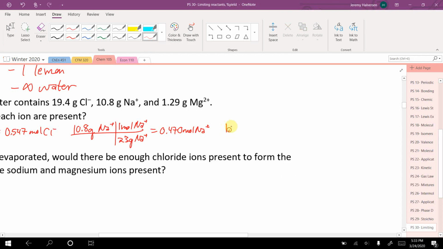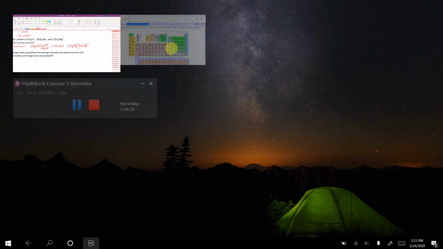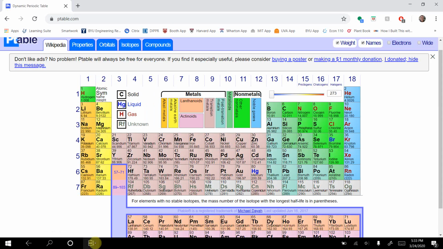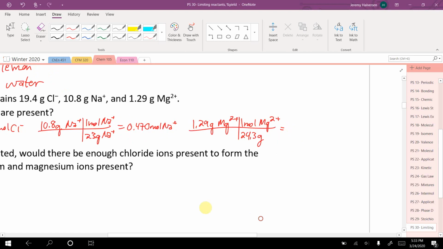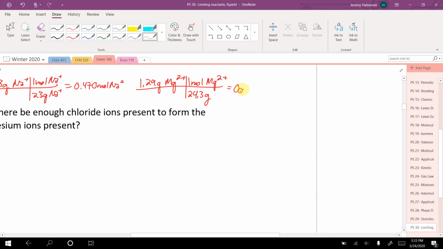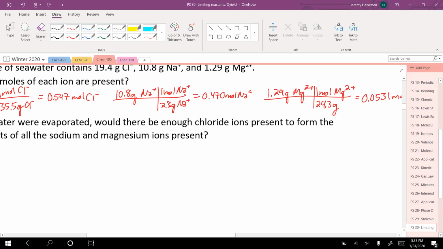And lastly, my 1.29 grams of magnesium. Magnesium weighs 24.3 grams per mole, which gives me 0.0531. So I just took each of those grams and converted to moles. Nothing too spectacular there.